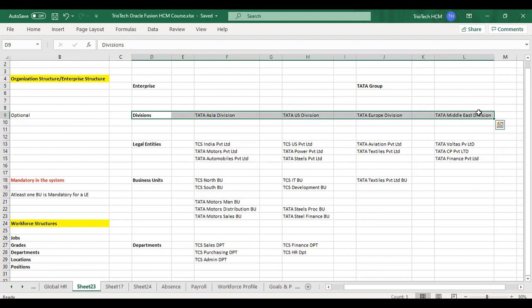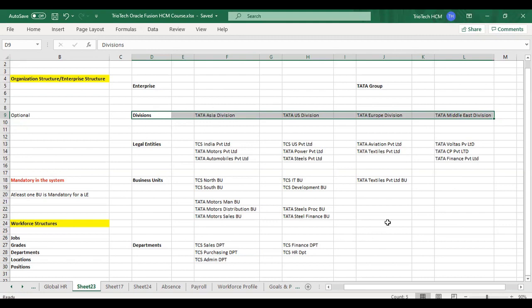In many of the implementations I worked on, we have never configured the concept of divisions in a customer. Oracle has given it just for reporting purposes, just for hierarchy maintenance at the reporting level. Whereas no place in the system will make use of this concept.